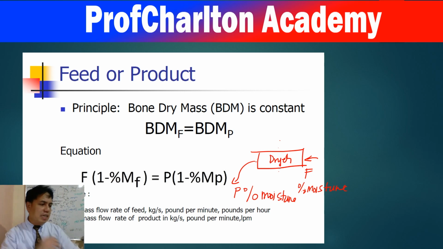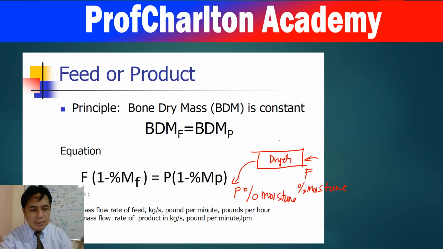Now, what is the general equation for the feed or the product that serves as a governing equation in solving problems in the field of air dryers? Here we have the principle of mass. And what kind of mass? The bone dry mass.